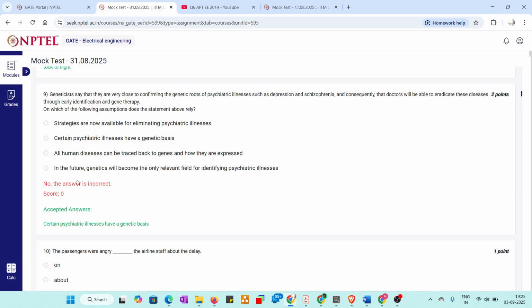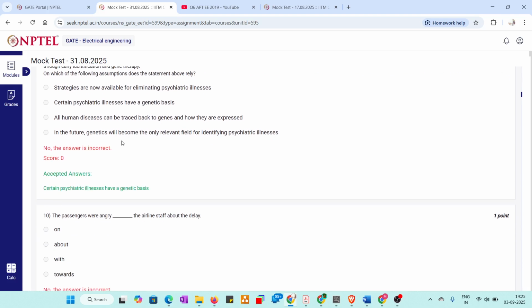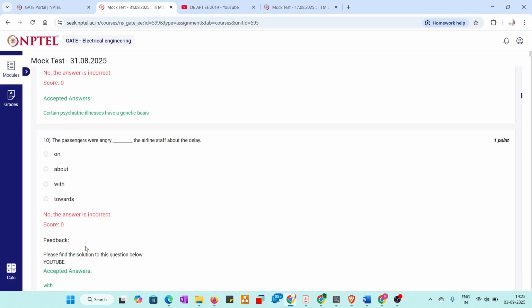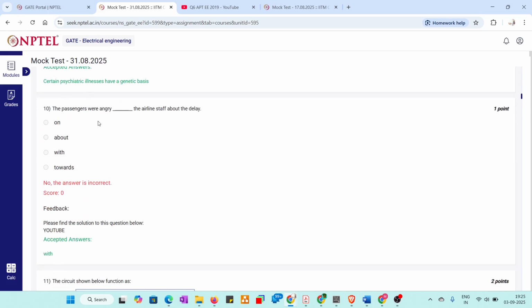Okay, so the answer in the options is that certain psychiatric illnesses have a genetic basis. Okay, so next is, the passengers were angry the airline staff about the delay. Okay, so the answer is, the passengers were angry with the airline staff.